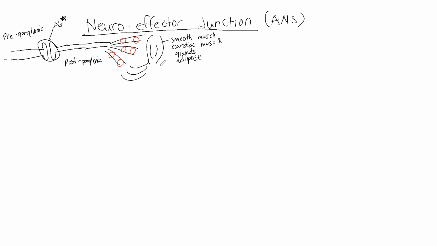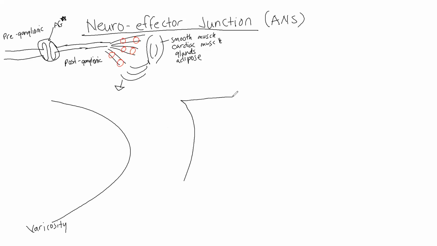So let's kind of zoom in on the varicosity and the smooth muscle and the synaptic transmission between those two structures. So we're zooming in here on the neuroeffector junction. We've got our large swelling, which is the varicosity, and we've got our effector cell here.